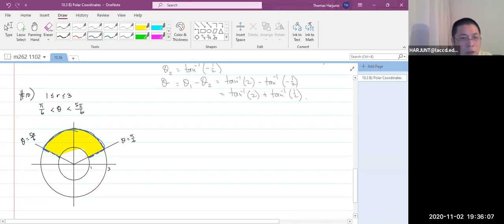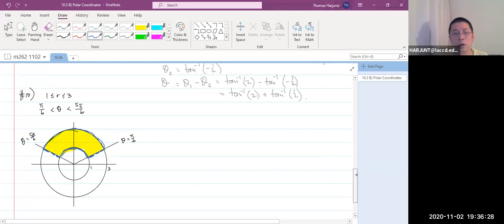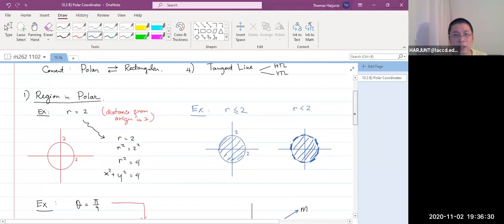Including the arc, because the radius includes 1 and includes 3, right? But not including the segment here. Okay, now that's for the region, the easy region.